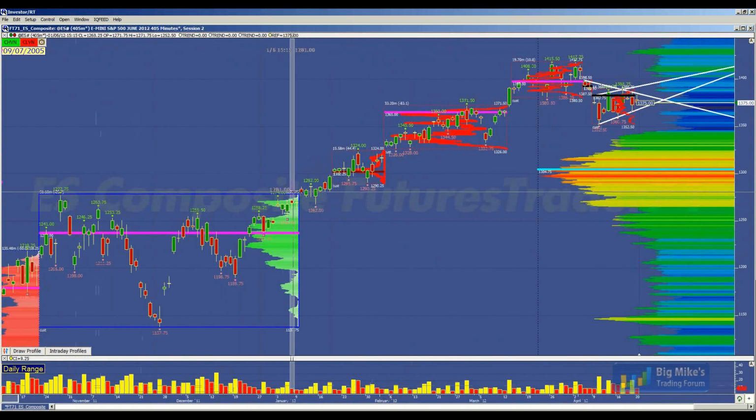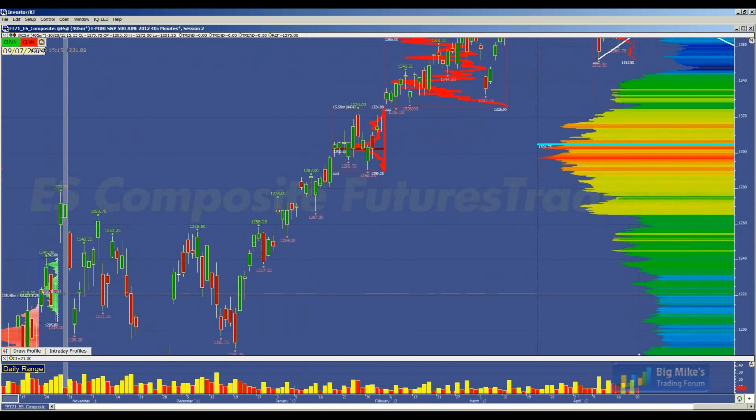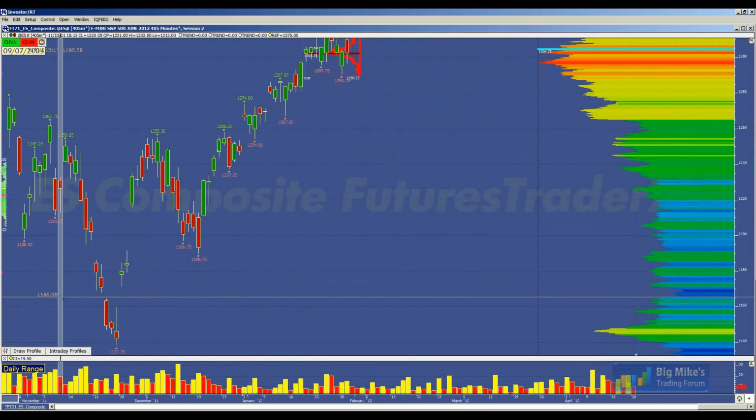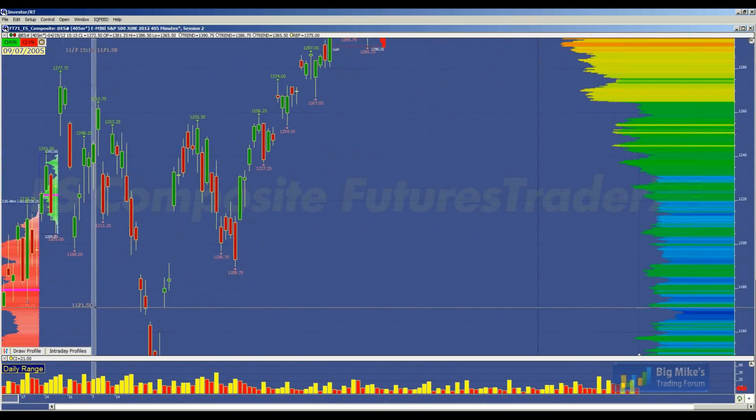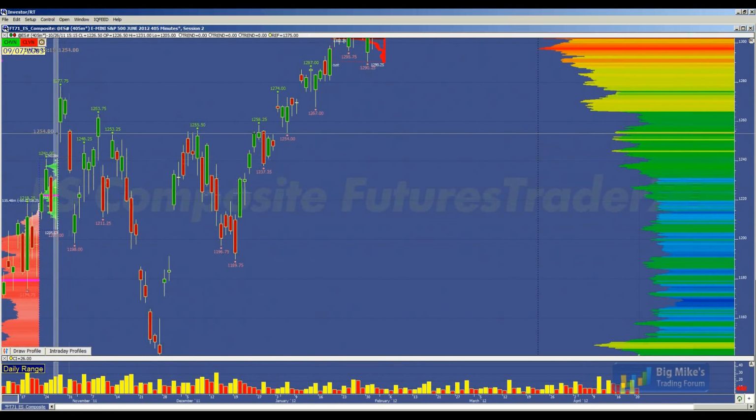As these days started forming, I start to look at the composite for that period. You can see that composite, and what it shows me is what prices were doing, what these 4 days were doing volume-wise.